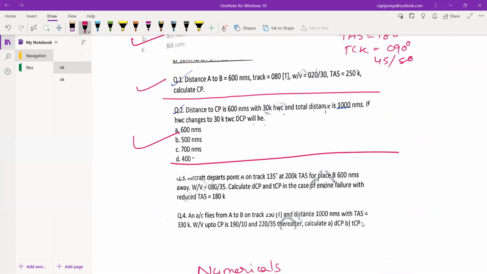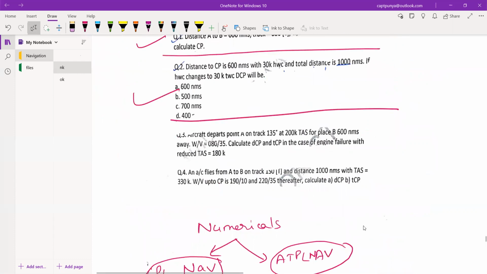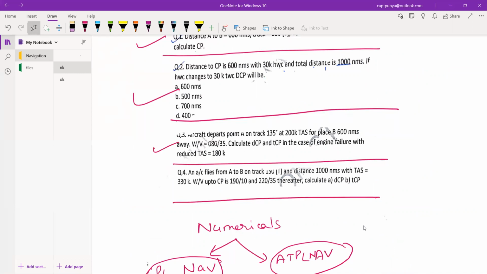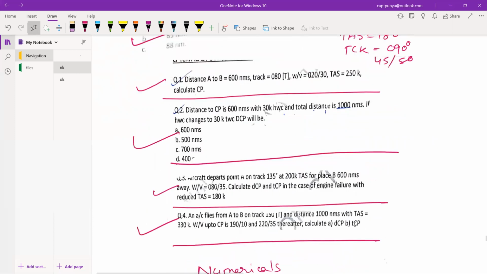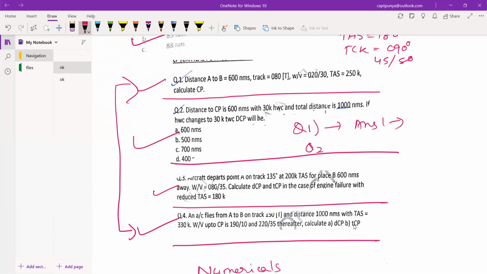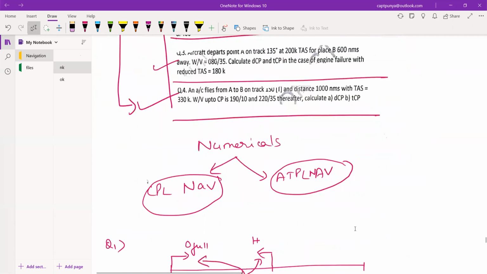And now these 2 questions, you can solve this also, question number 3, and the aircraft flight from A and B with TAS. So these 4 questions are of critical point, and I am giving you these as homework. So solve these questions and comment the answer in the comment box like this. Like question number 1, answer 1 is so and so. Question number 2, answer 2 is so and so. So comment in the comment box using the same concept and formula. Solve all these 4 questions and the above question number 5. So these 6 questions are your homework.